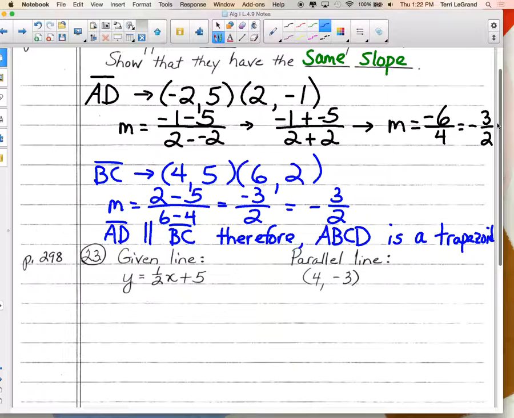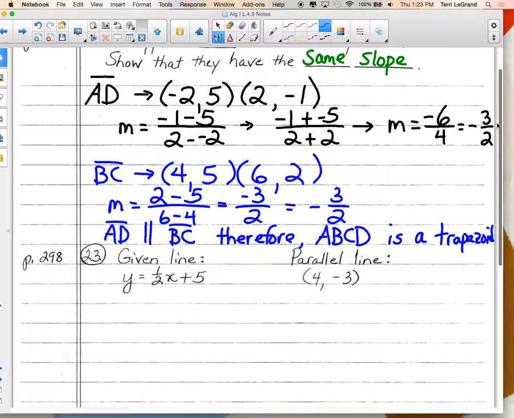What's a parallelogram? Well, all 4 sides can't be parallel. Come on, people. You're going to have a quadrilateral then with 2 sets of 2. Both sets of opposite sides have to be parallel. These sides have to be, these sides have to be, for it to be a parallelogram. So how many slopes are you going to have to find? 4.